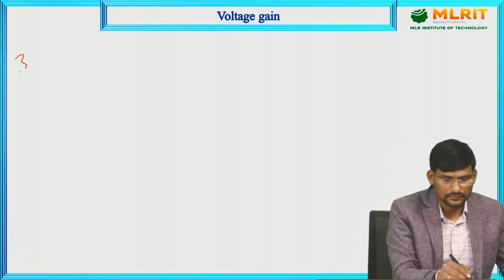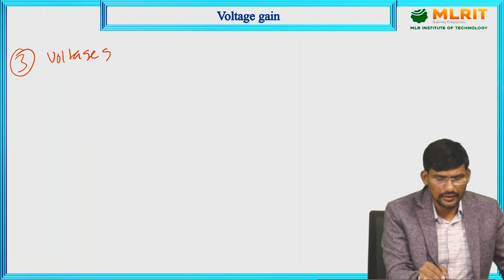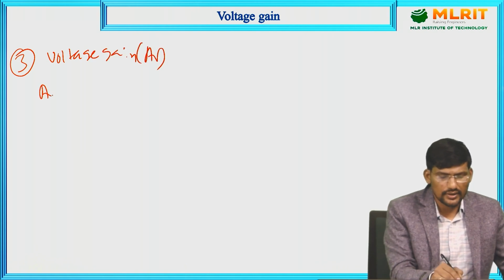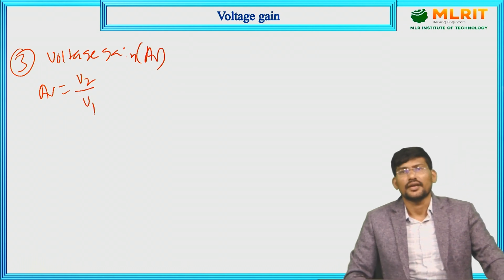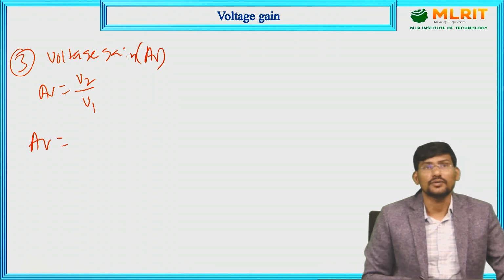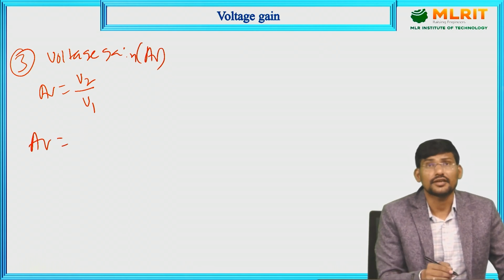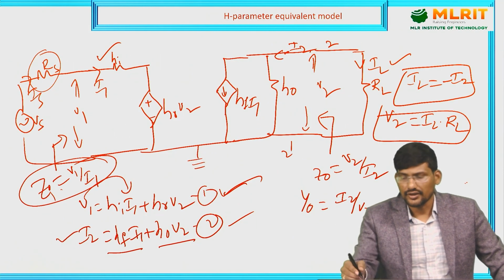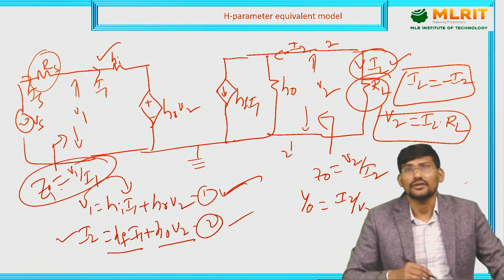Third one is voltage gain. What is the expression for voltage gain? Voltage gain is defined as the ratio of output voltage to the input voltage. If you see the circuit, output voltage is in terms of output current and output resistance.